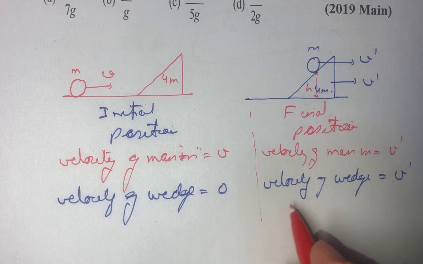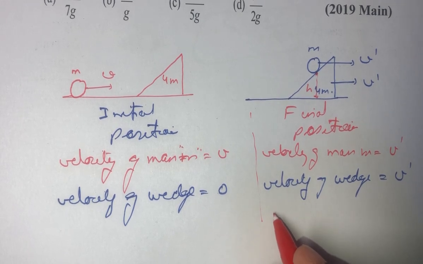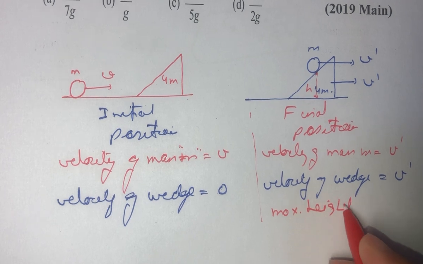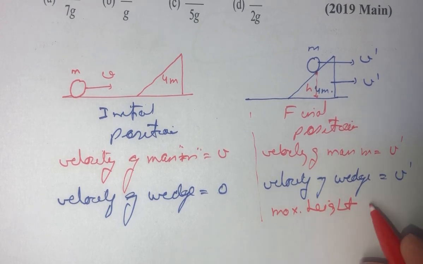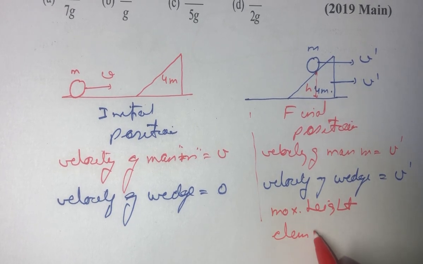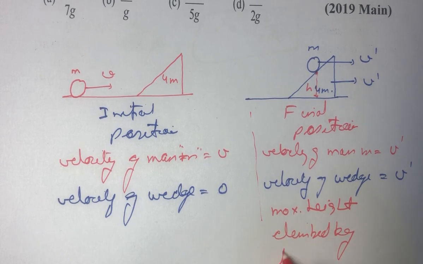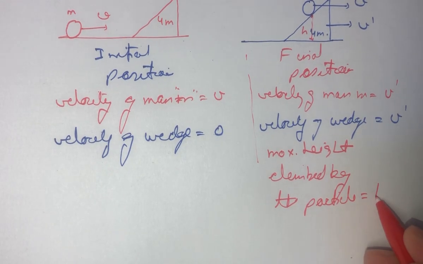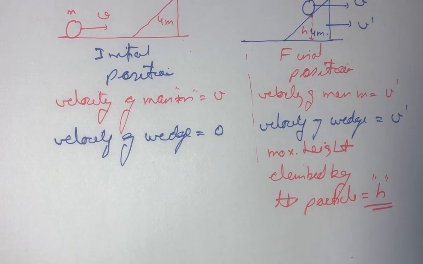We can say that maximum height attained or climbed by the particle is equal to h, which we are supposed to find out.